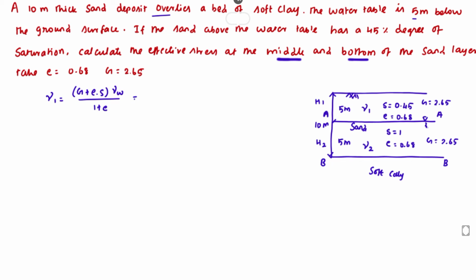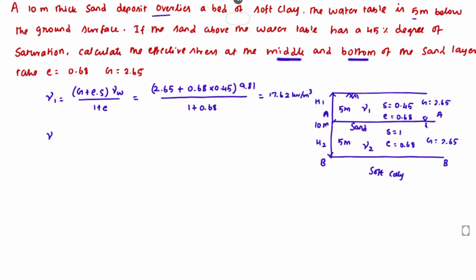Substituting: G is 2.65, plus e is 0.68 times the degree of saturation 0.45, times gamma W, which is 9.81, divided by 1 plus 0.68. Solving this, we get 17.26 kilonewton per meter cube.